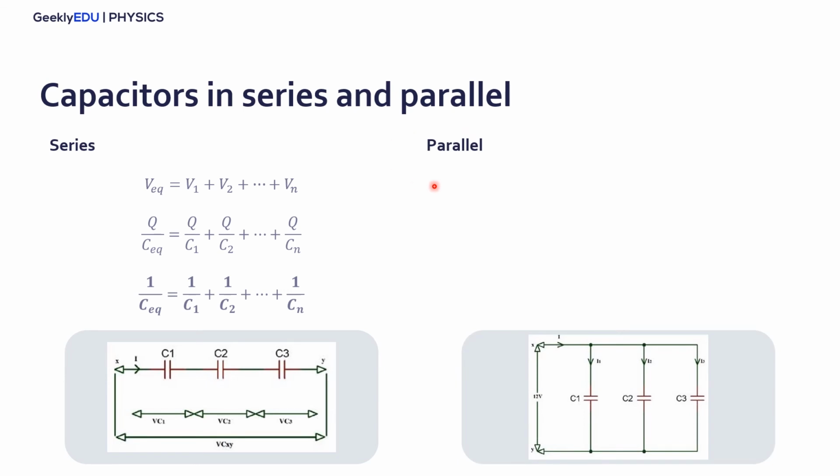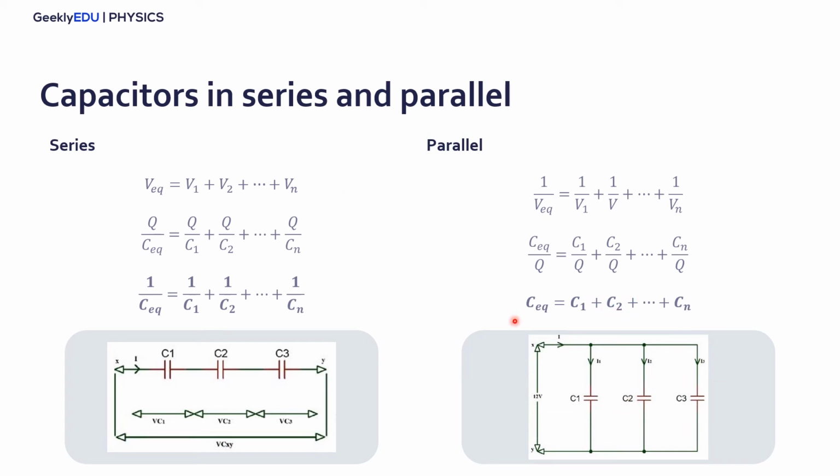Similarly, in a parallel circuit like this, if we have parallel capacitors, we can apply the same thing. We know that the tension is actually the opposite, right? So for the equivalent capacitance, we can just add the capacitances of each capacitor.